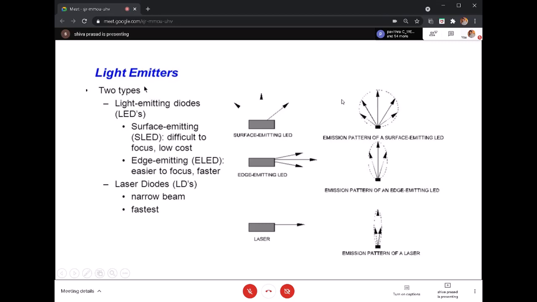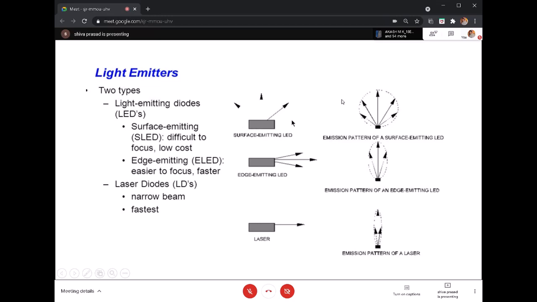As you all know, the LED is classified into two types, the surface LED and the edge LED, and we have already discussed them. In the surface LED, the emission is perpendicular to the axis of the active region, whereas in the edge LED it is along it. Here you can see, if this is the active region, I think you are able to follow the movement of this arrow.